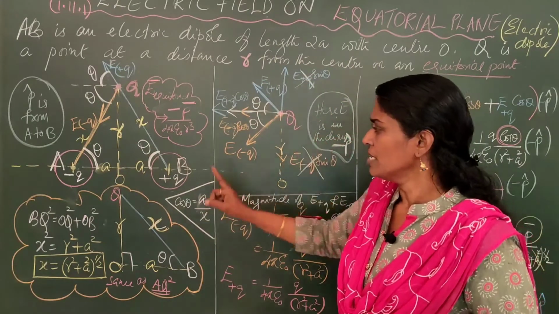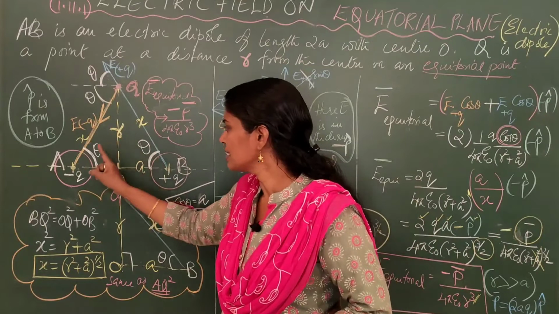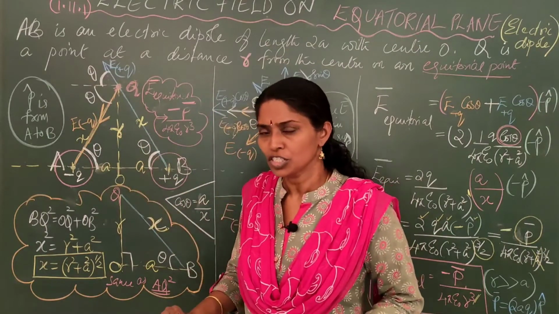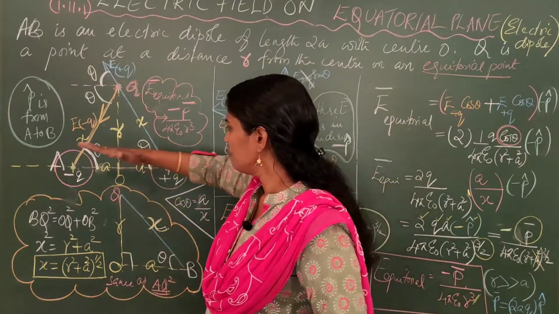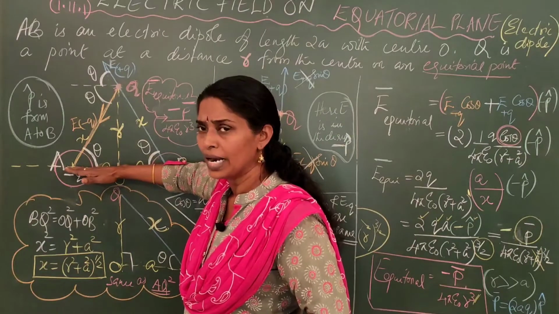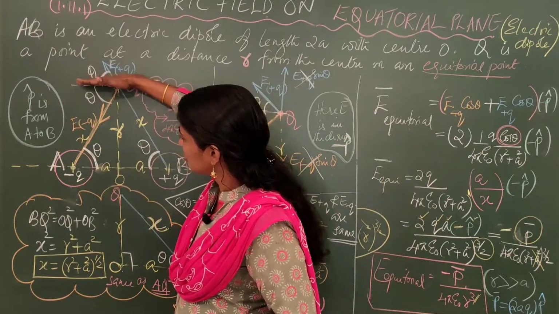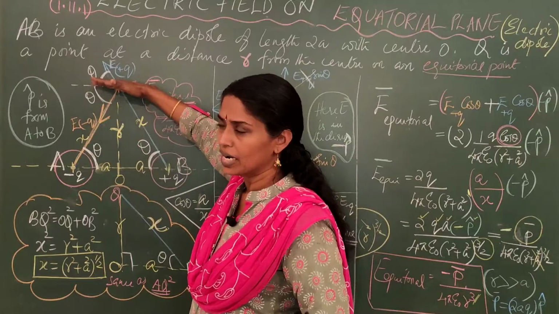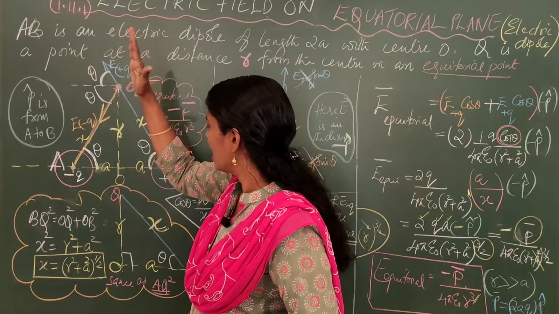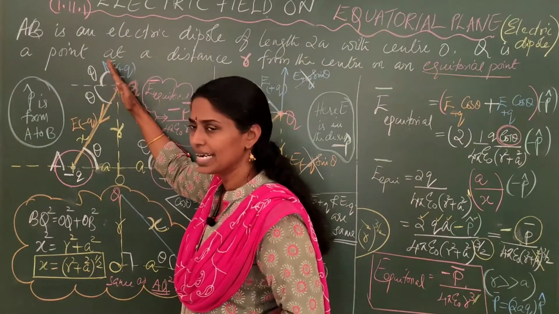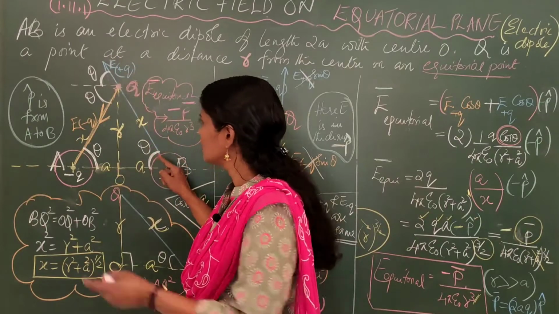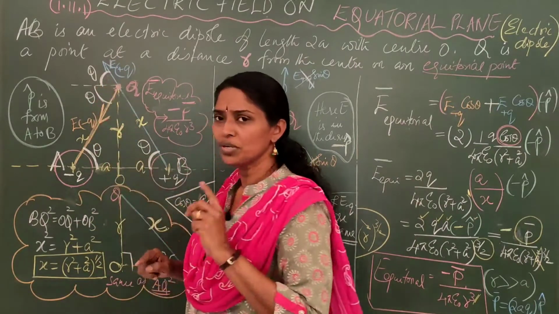One more thing. In this figure, this angle is theta, this angle is theta. We have studied that if this is a line and this is another line, and these two lines are parallel and cut by a transversal like this, if this angle is theta, automatically this also comes theta.